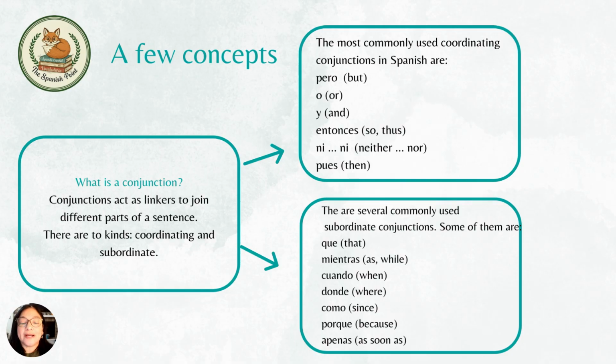And the second group are the subordinate conjunctions, and some of them are que, which is one of the most common, mientras, cuando, donde, como, porque, apenas. These are just some examples. There are many, many more. But those are conjunctions. Those are the words that we use to link two parts of a sentence or two different sentences.